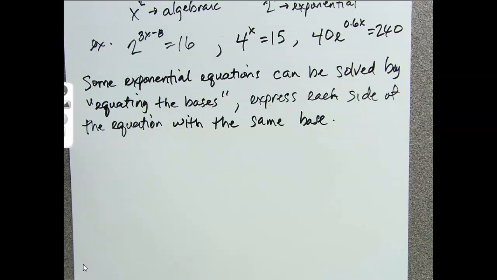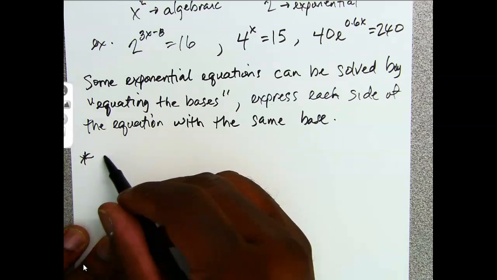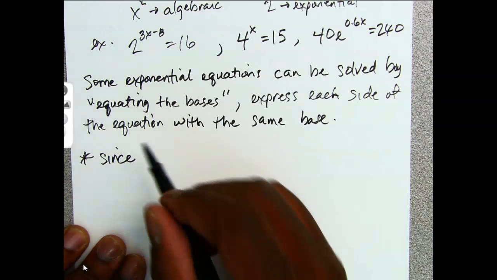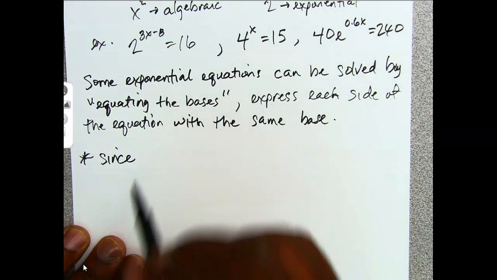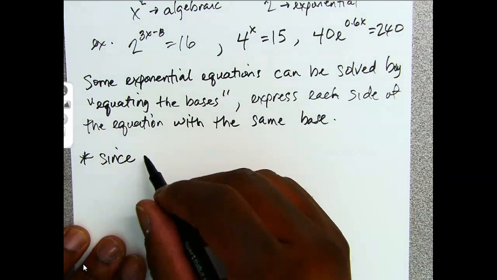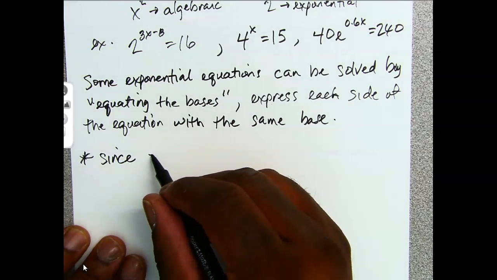What allows us to solve it is the fact, we talked about this before, that exponential functions are one-to-one functions. What does it mean to be a one-to-one function? One input goes to only one output. Okay, so that's how we define a function. What makes that function one-to-one?